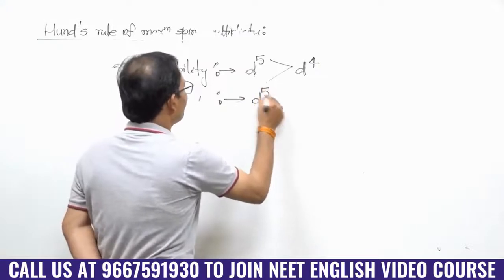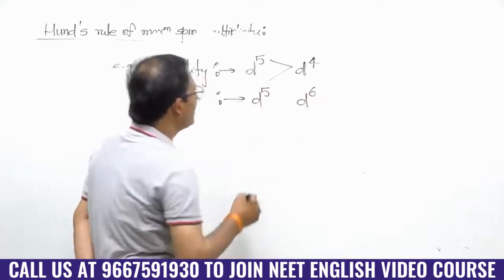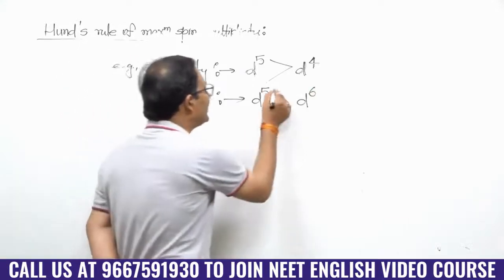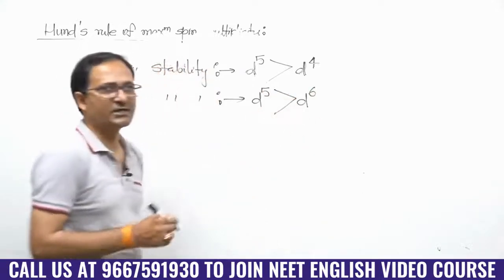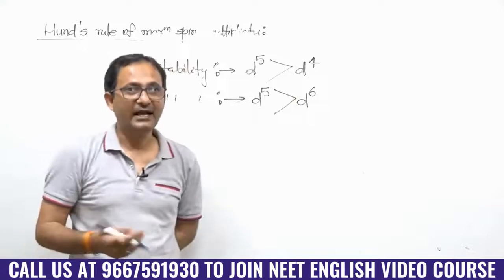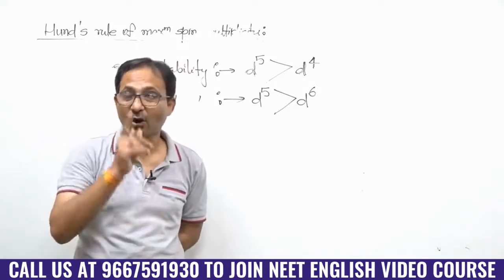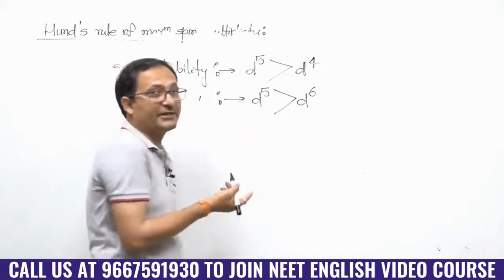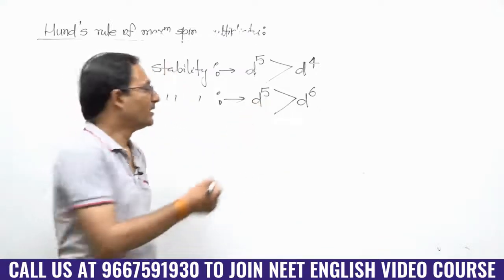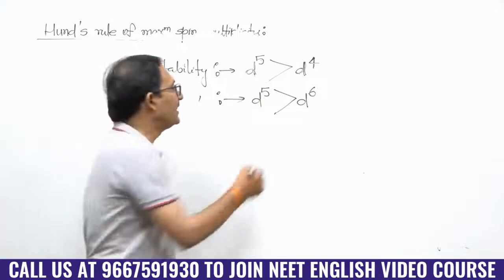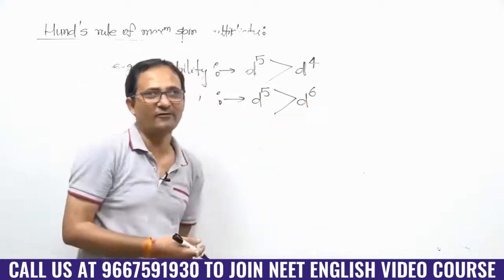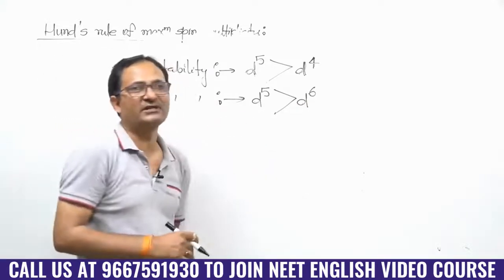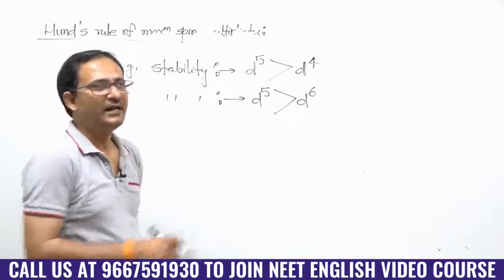Similarly, if I ask about the stability of D5 and D6, which is more stable out of D5 and D6? Obviously, D5 is more stable than D6, and the reason for this is only symmetry, right? Because in D5, as you calculated earlier, the number of exchanges is 10, and in D6 also the number of exchanges is 10. Therefore, the exchange energy concept is not applicable for this.